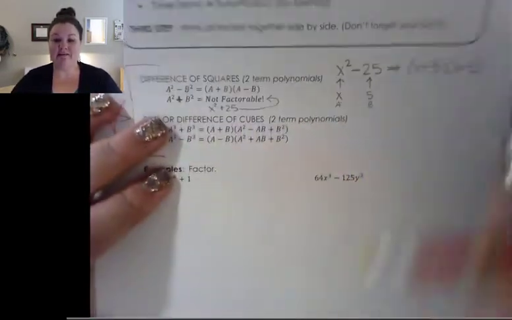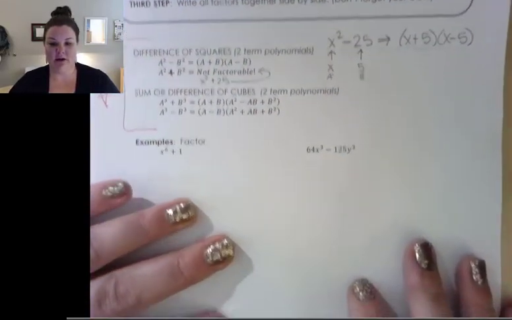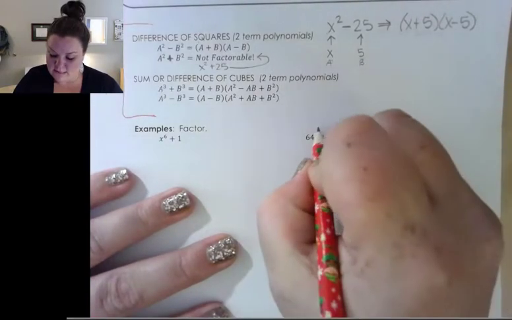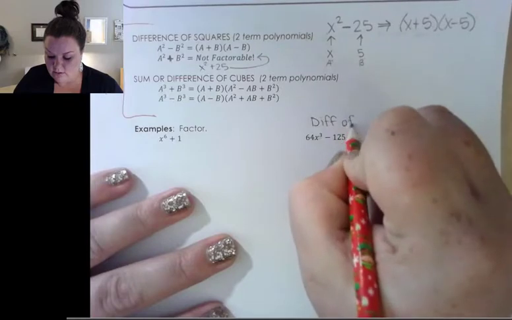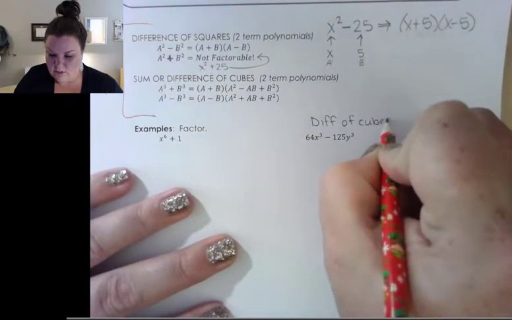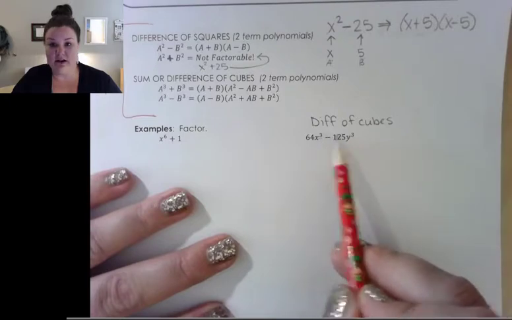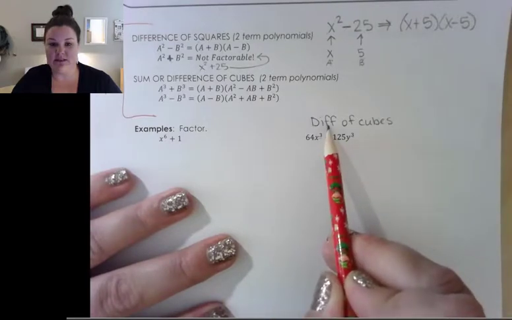If it's an even number, then that's when we would kind of look at it to see if it's a square, all right? So I'm already thinking that this is going to be a difference of cubes, okay? Because I know I have cubic exponents, right? And it's being subtracted, so that's how we know it's a difference.